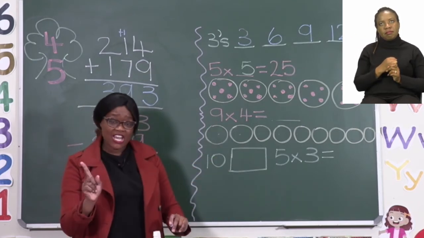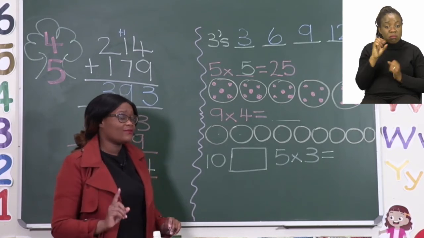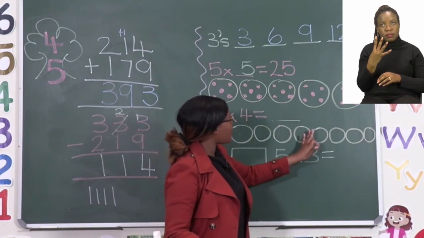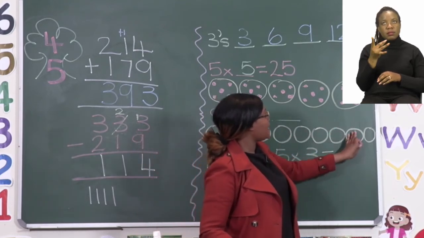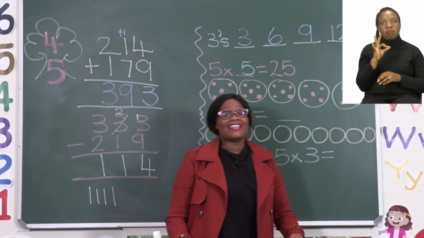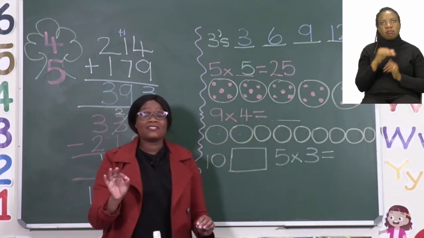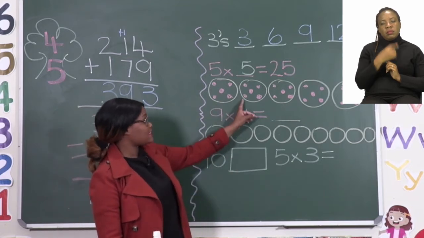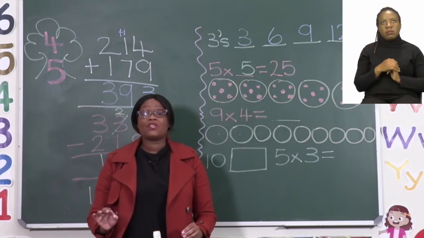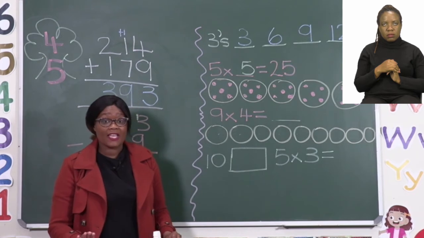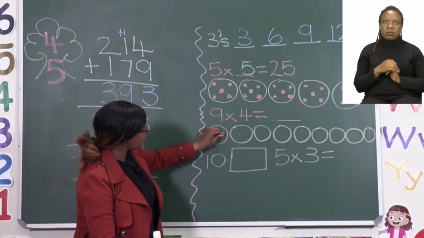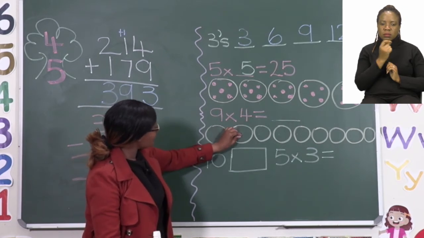So first, let's check our sets. Do we have 9? 1, 2, 3, 4, 5, 6, 7, 8, 9. Now, 4 is what is supposed to be in each set. But today, instead of doing the dots like how I've shown you, I'm going to show you a different way. We're going to write 4 inside each set.